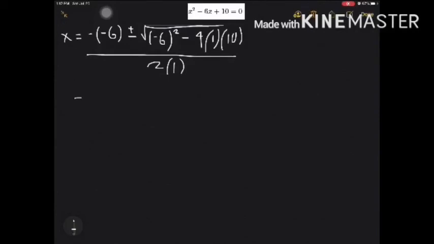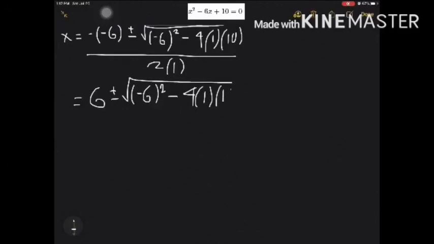Next, we're going to simplify. So negative times negative equals positive 6, plus minus the square root of negative 6 squared minus 4 times 1 times 10, over 2 times 1.